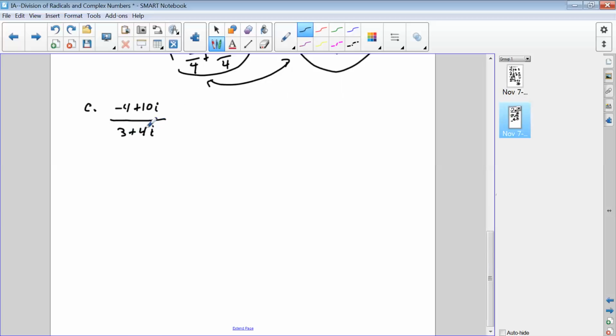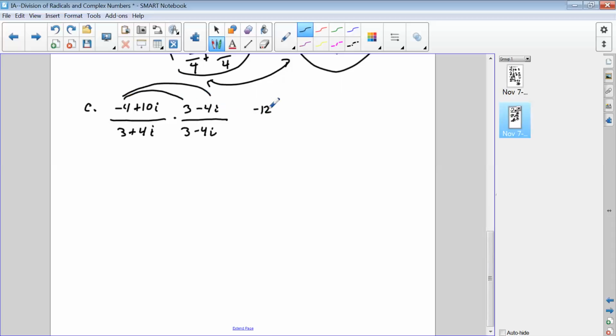Again, we've got the two terms with the imaginary number i, and I want to simplify this. So I'm going to multiply by the conjugate. So this is 3 plus 4i. The conjugate would be 3 minus 4i. And then we're going to multiply and multiply.